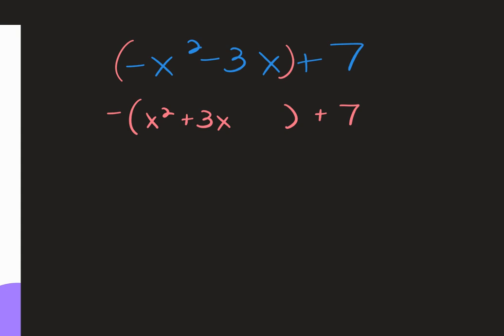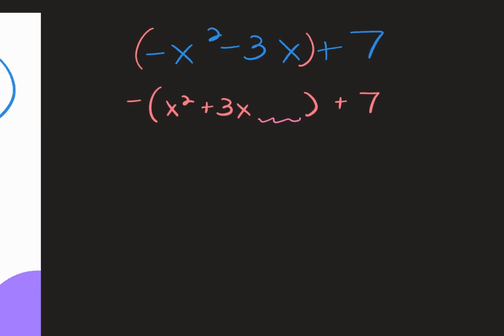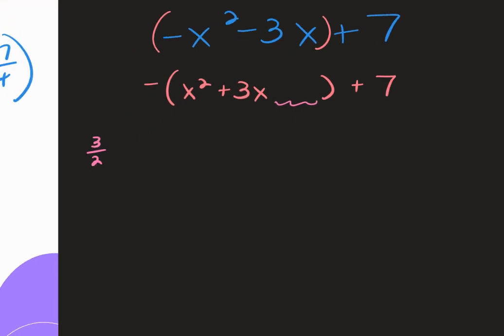What's the next step from here? How do I fill this space? Good. Take 3, divide it by 2, and then square it. So 3 halves squared would be 9 fourths. I'm going to add it inside the parentheses. And normally I'd subtract it from outside the parentheses.